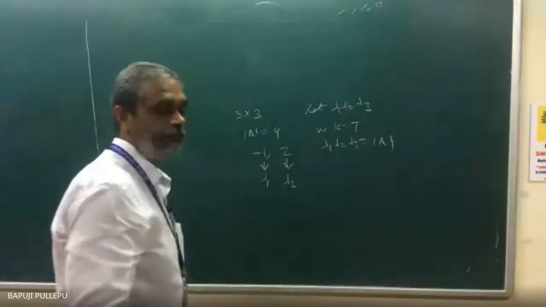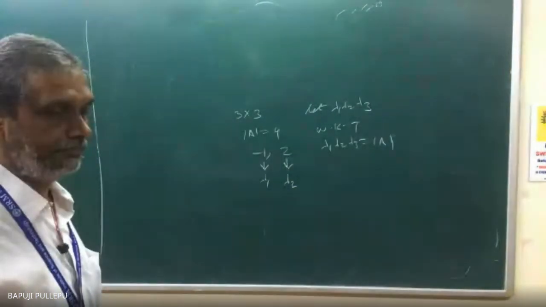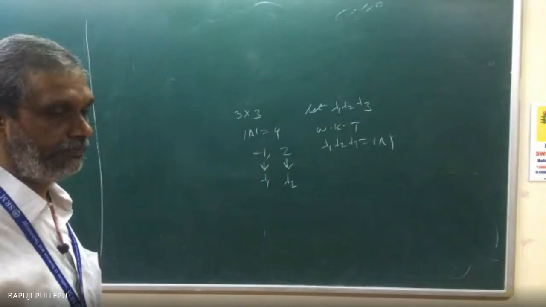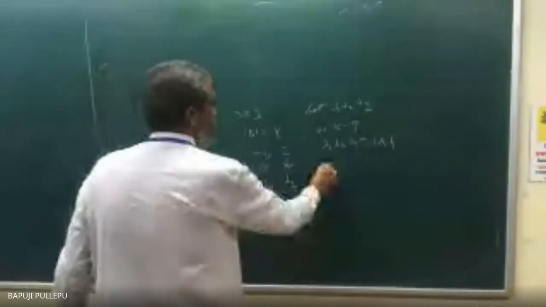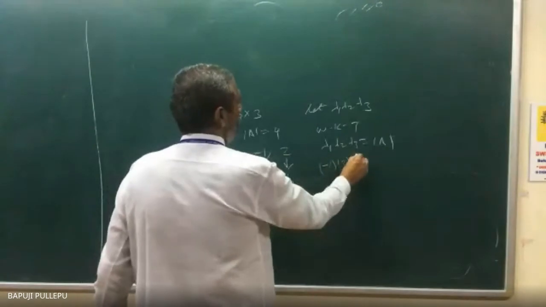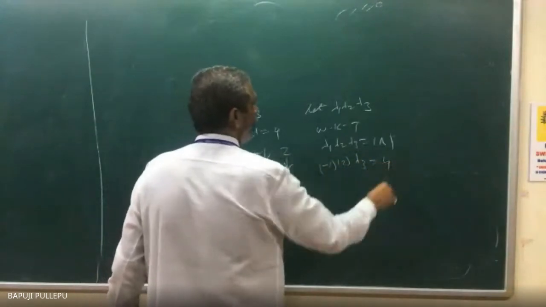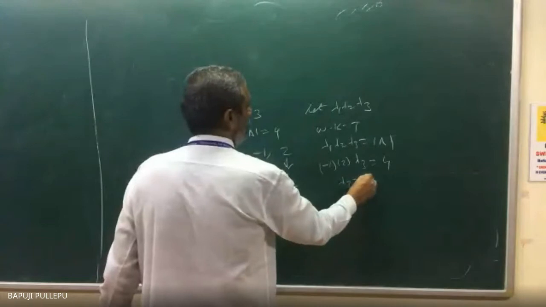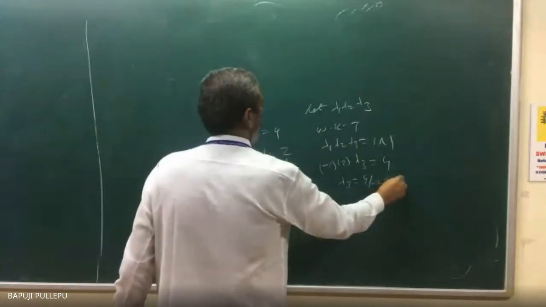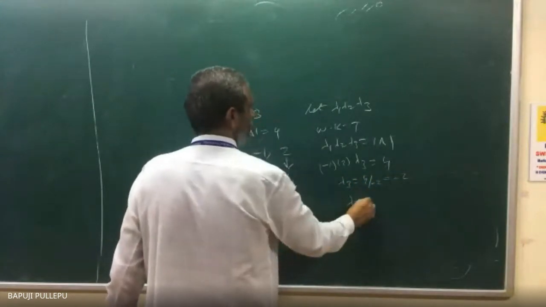Two values are given. Any problem? No, sir. Then -1 into 2 into lambda 3 is equal to 4. So lambda 3 is equal to 4 by -2, that is equal to -2. So the third eigenvalue is -2.